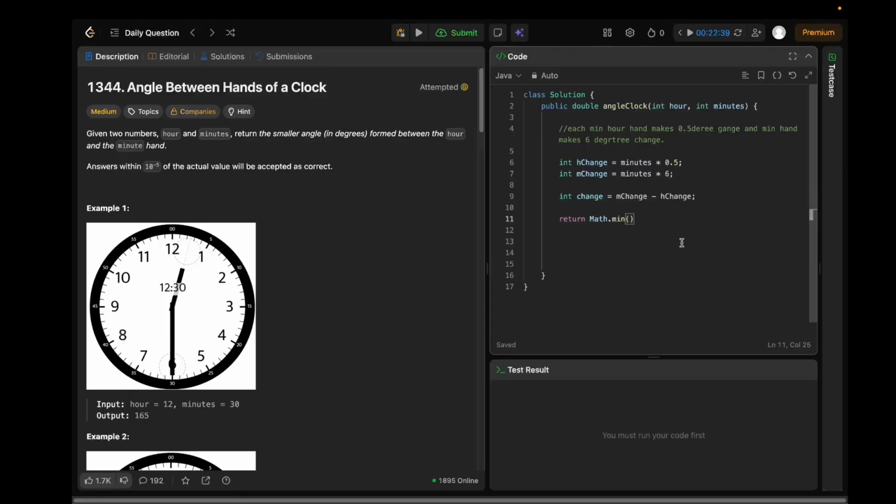Then math dot minimum of change, comma, 360 minus change. I think this should be right, only misspellings are wrong.